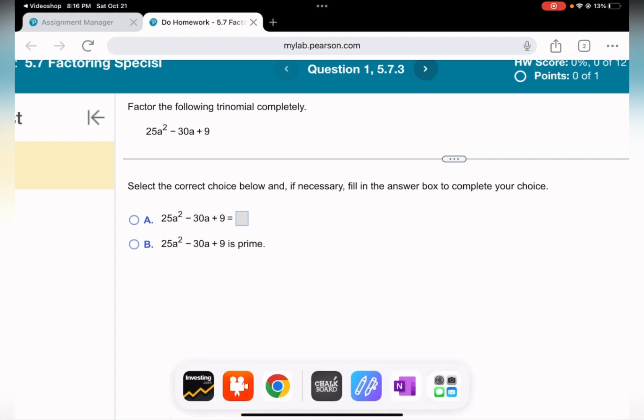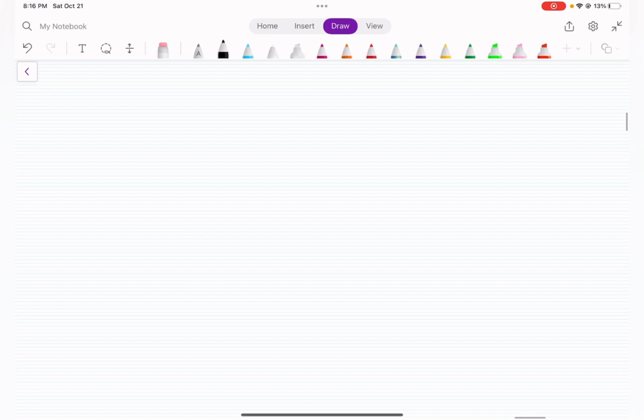Okay, let's solve it. 25a squared minus 30a plus 9. Special product is the one that looks like this formula.